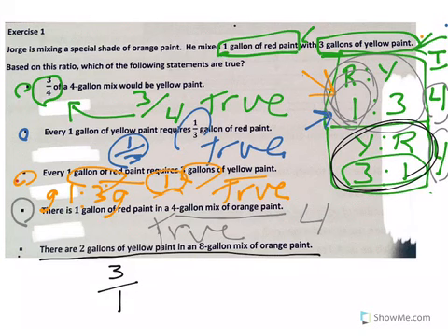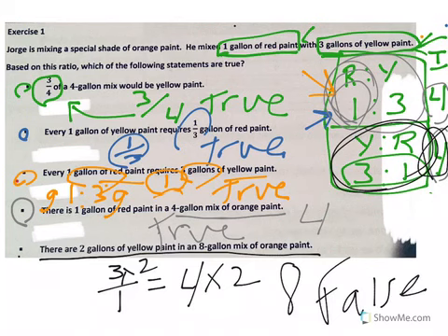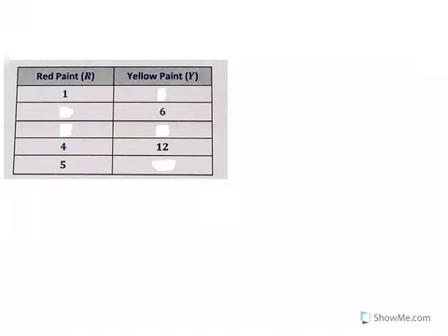If there were 2 gallons of yellow paint in an 8-gallon mix of orange paint, well, we have a 3 to 1 ratio. That gives us 4 total. You can't double this to get to 8 without doubling this, right? So that one is in fact false, our only false answer. Okay, let's keep moving.